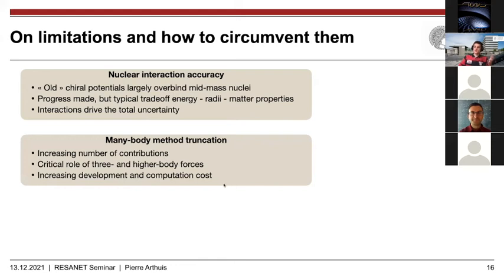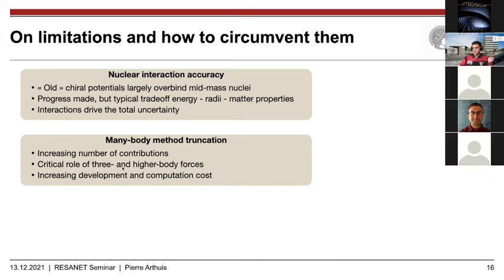Another issue that we face is linked to the many-body method truncation. As I was telling you, we have this expansion method, so you expand the solution of your Schrödinger equation into a set of contributions, and the more you incorporate, the closer you are to the exact result. The thing is, of course, if you want to go to higher order, to incorporate more of those contributions, you have more and more, and usually this growth is not linear. Especially, you start having more and more diagrams where you have three-body forces contributing.